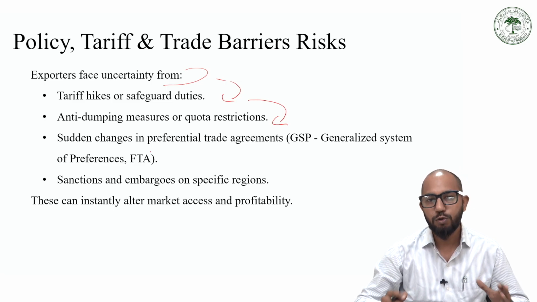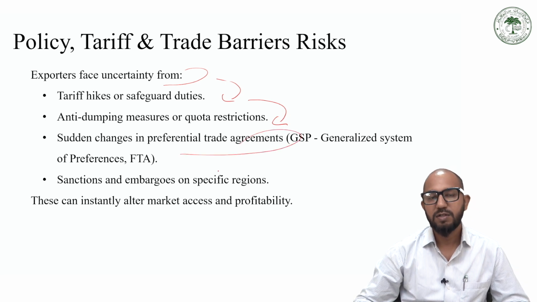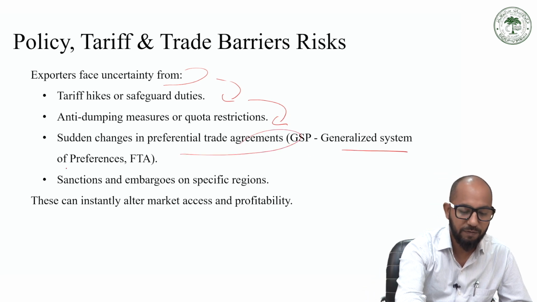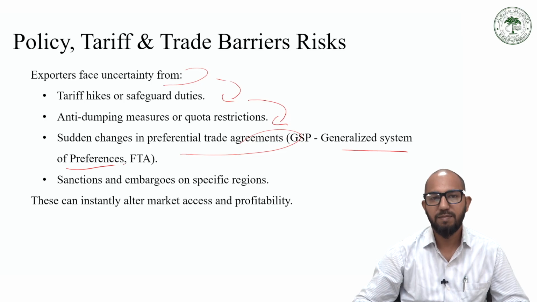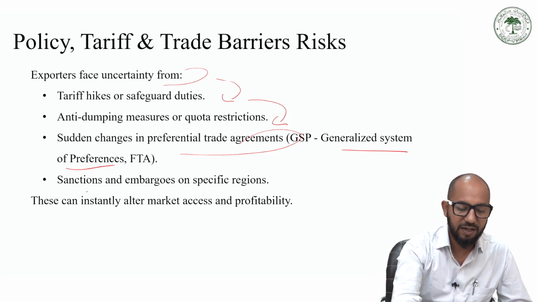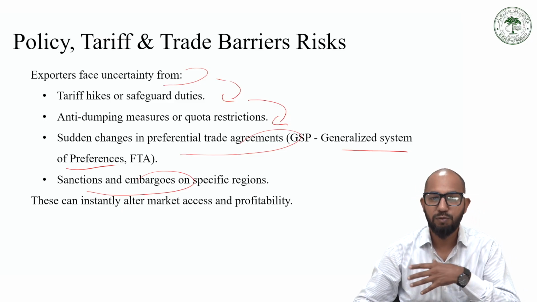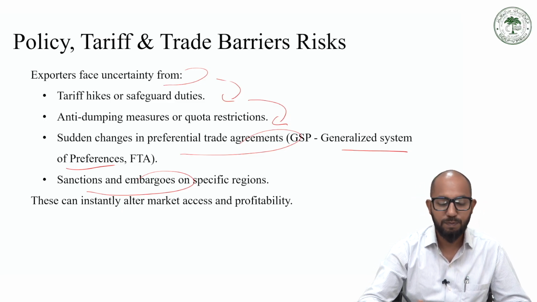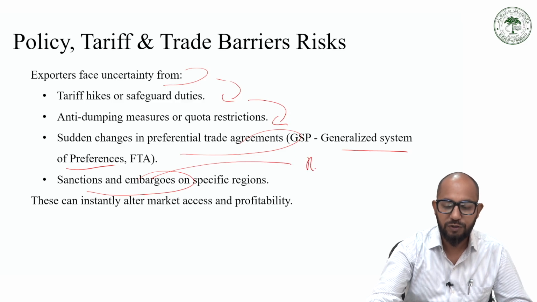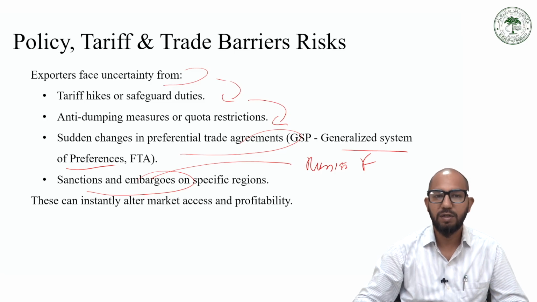These risks also include sudden changes in preferential trade agreements, such as the Generalized System of Preferences, foreign trade agreements, free trade agreements, etc. Similarly, sanctions and embargoes on specific regions, for example, the United States of America has put sanctions on the Russian Federation, on Iran, Cuba, etc., that is also coming under the tariff and non-tariff barriers.